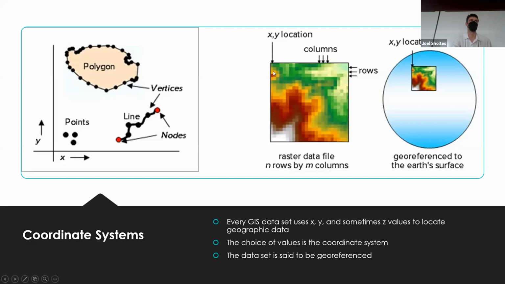So we know the coordinate of that. And then we know how many rows and columns there are and what the gridded spacing of those is. So if you have one coordinate from the top left, and you know how many rows and columns you have, then you can plot that raster in 2D space. So it's basically just pinning it to a spot.